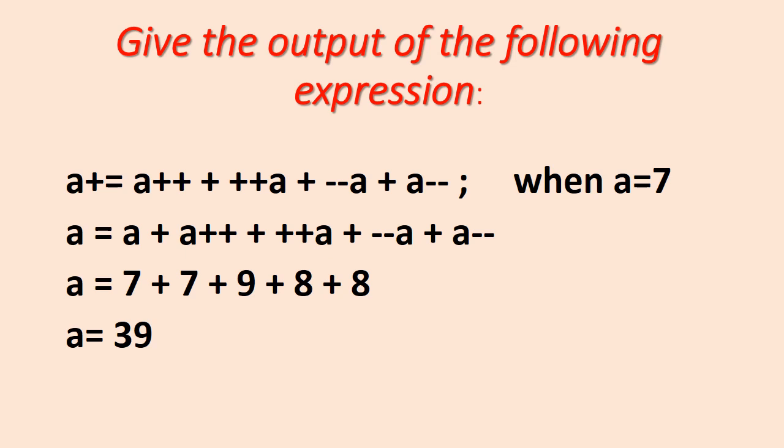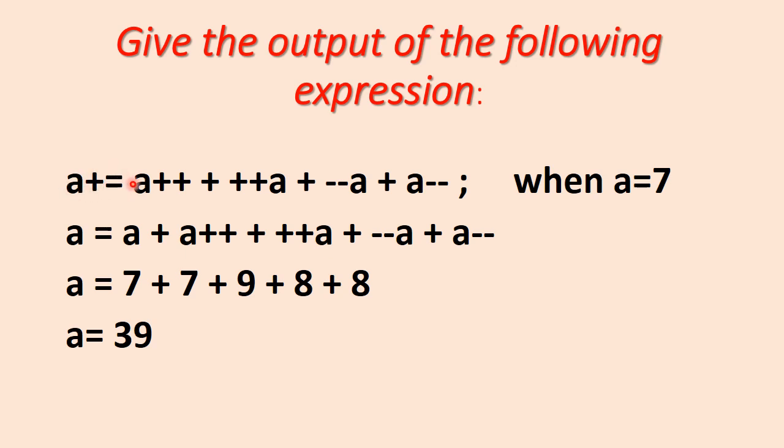Now the next question, this is also based on the prefix and postfix operators, increment and decrement. This is the question: give the output of the following expression. And what is the expression? A += ... You know that this is a shortcut operator in which we will use the original value.